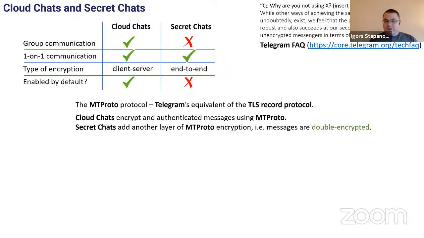Whereas in secret chats, in addition to that, the messages are also end-to-end encrypted. This in particular means that each secret chat message, each end-to-end encrypted message, is encrypted first to the key of the other client, and then on top of that, it's encrypted again to the key of the server. Double encryption going on here.